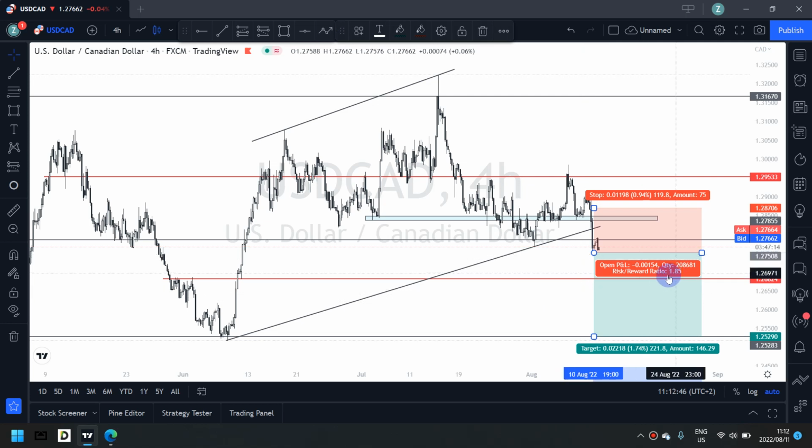And as you can see, the risk to reward ratio is 1:1.85, so that's a good risk to reward ratio, right?